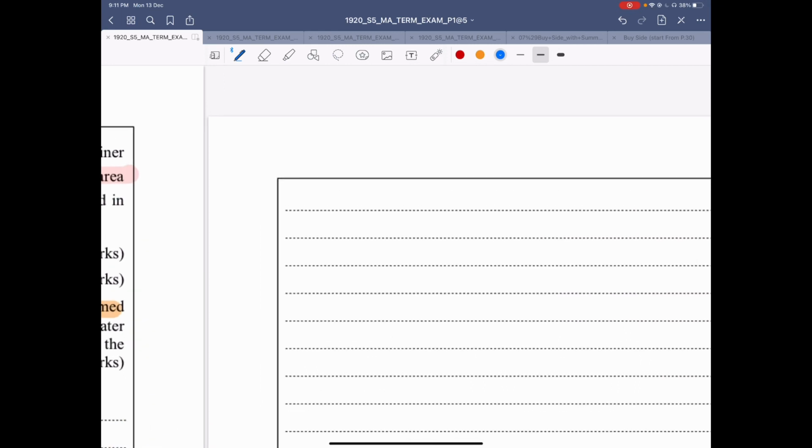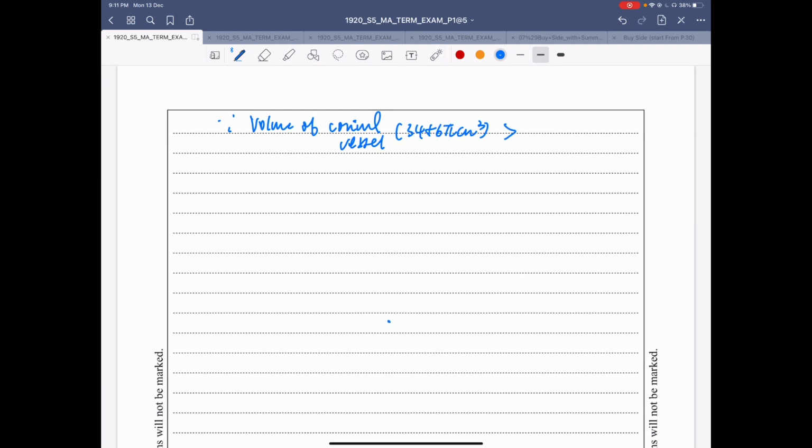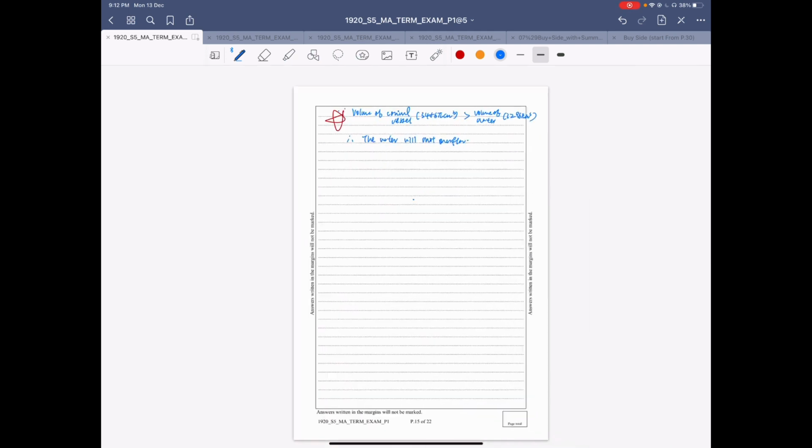We need to do a comparison: the volume of the conical vessel, which is 3,456 pi cm cube, is larger than the volume of water, which is 3,296 pi cm cube. You need to do a comparison, or else you cannot reach a conclusion. Therefore, you can say that the water will not overflow. Okay, this will be the solution for question 14.